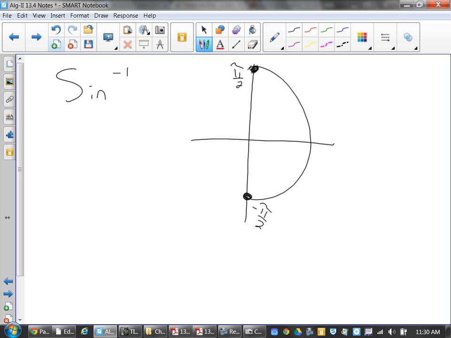That way we're encompassing all the positive and negative sine values. We don't have to worry about getting reference angles in the second quadrant or anything like that. We're just going to find a positive, or it might be a negative angle, depending upon where it lies.